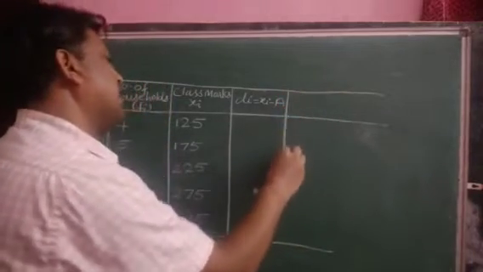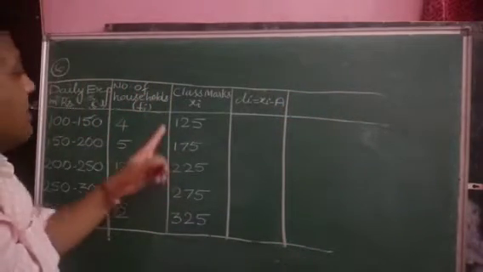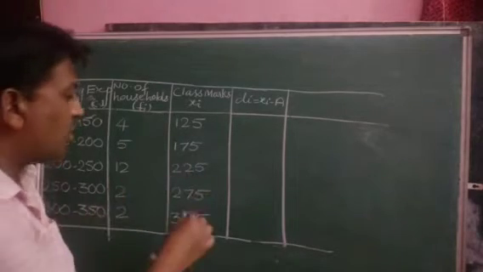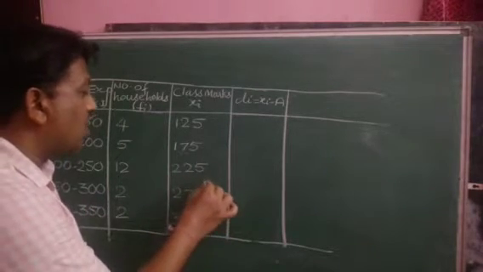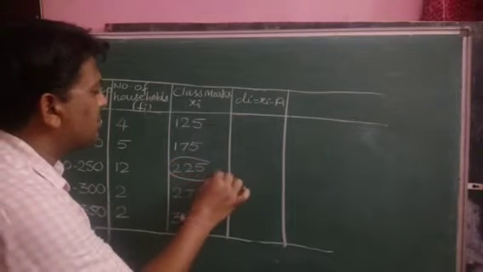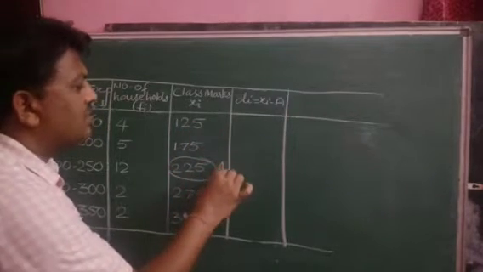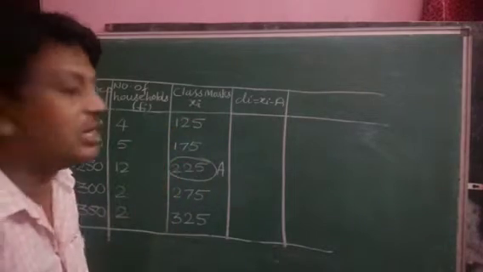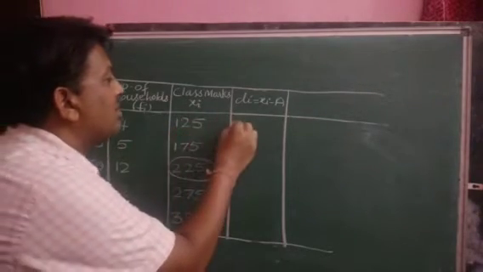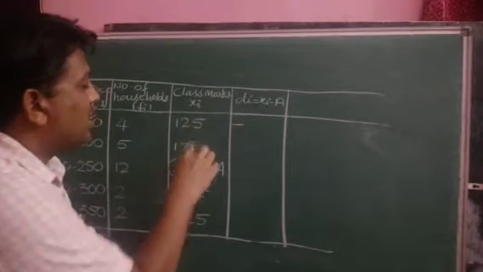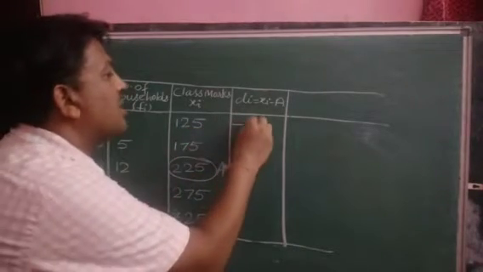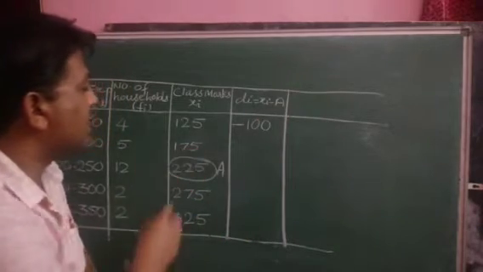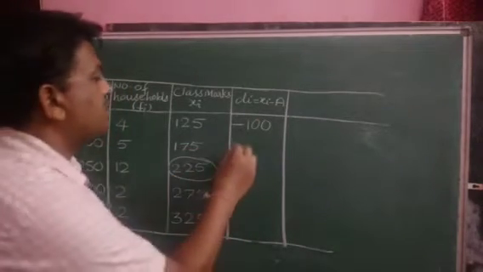Xi minus A. What is Xi? These are all Xi, the class marks. A is the assumed mean. You can take any number, children. I am taking 225 as A. So 125 minus 225 is a small number, so minus 100. 175 minus 225, how much, children?